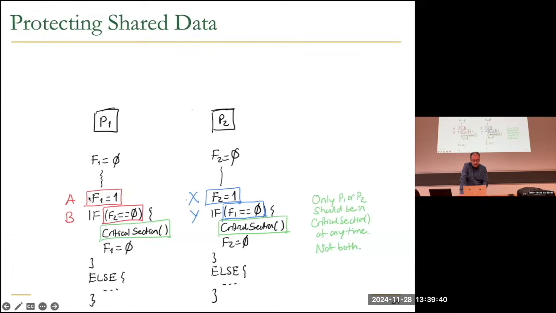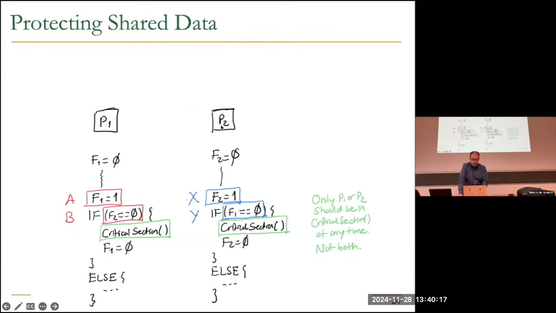So this processor sets F1 to 1, meaning that it wants to enter the critical section, but it needs to test the F2 variable. It can enter the critical section if the other one is not in the critical section, meaning that F2 is 0. So it tests whether F2 is 0, and if it is, then it can enter the critical section. At the end, it needs to reset this synchronization variable such that processor P2 can enter if it's waiting for that.